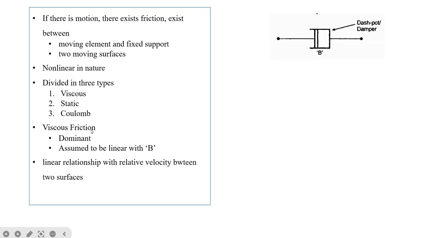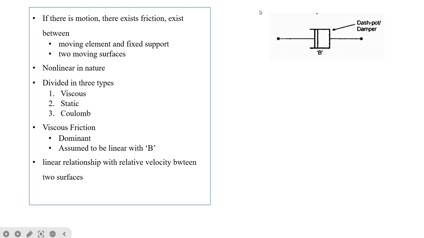The viscous friction is one of the dominant of all these three frictions. It is assumed to be linear with the frictional constant B, and there exists a linear relationship with relative velocity between the two surfaces.